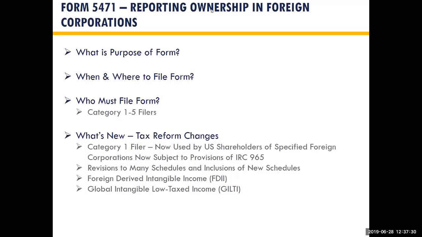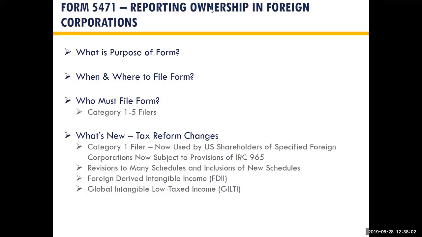So how do you know who must file? Generally, you must file if you fit into one of the 5 categories as defined by the IRS. Category 1 is a U.S. shareholder of a foreign corp that is defined under IRC 965 as a specified foreign corp at any time during the tax year of the foreign corp.